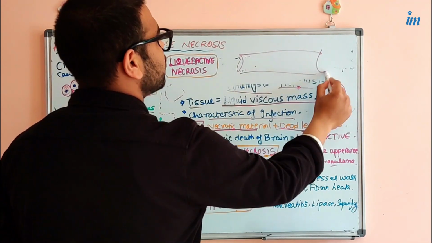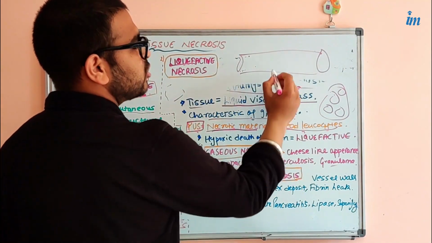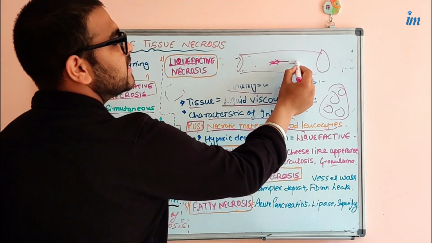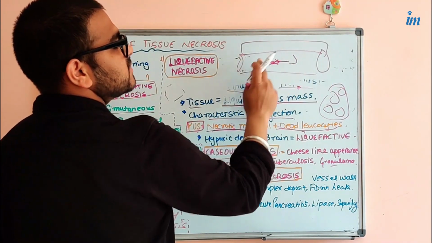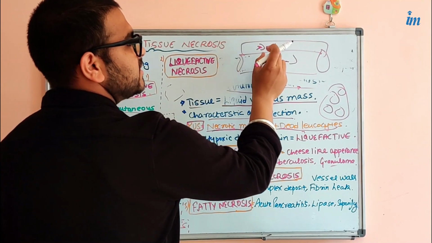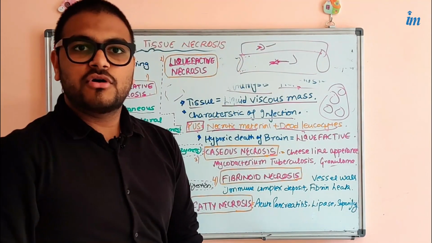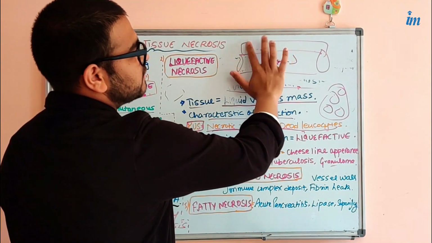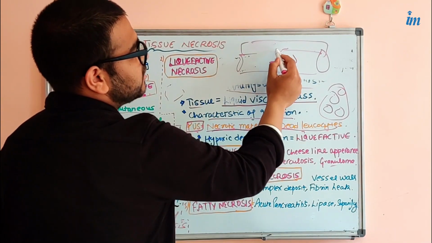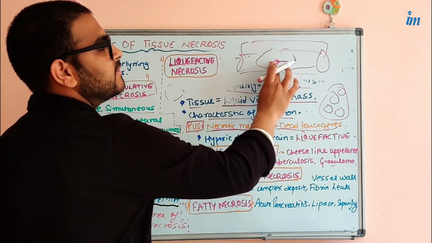In various conditions in your body, many immune complexes circulate in the blood, and when these immune complexes, meaning antigen and antibody complexes, get deposited in the walls of a vessel, they will cause the destruction of the components of the walls of the vessel.